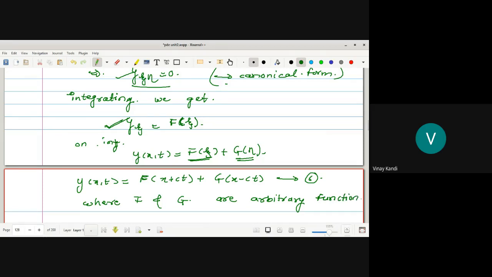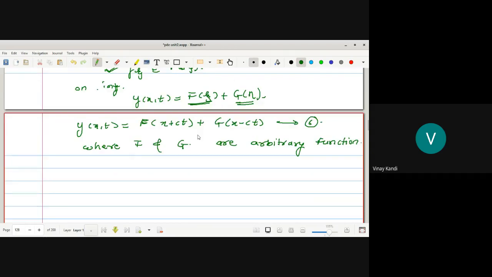Okay, so this is the general solution of equation 1. Now using initial condition, we have to find the value of this arbitrary function.